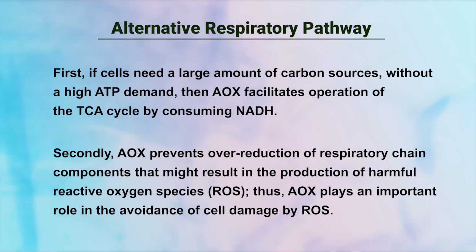Secondly, AOX prevents over-reduction of respiratory chain components that might result in the production of harmful reactive oxygen species or ROS. Thus, AOX plays an important role in the avoidance of cell damage by ROS.